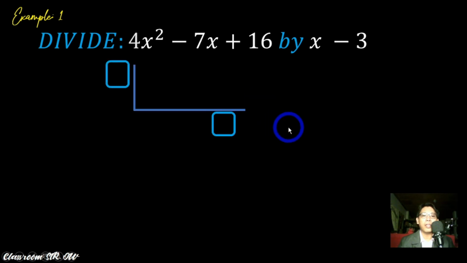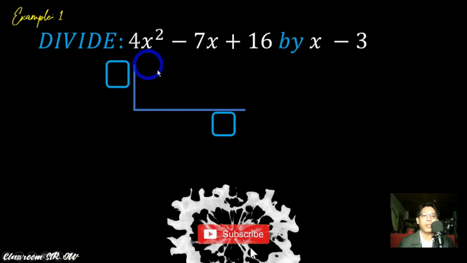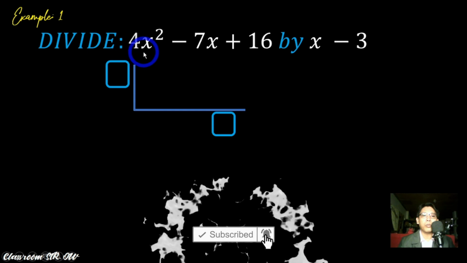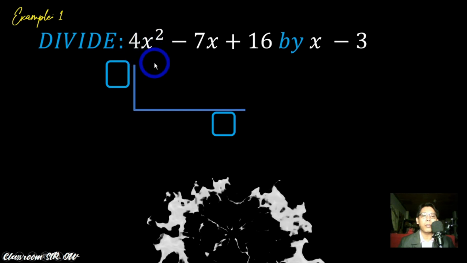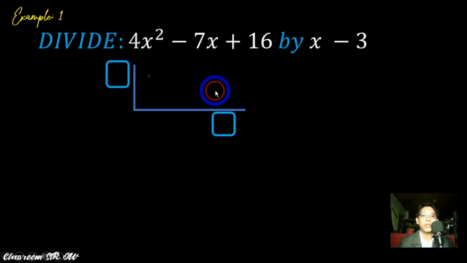So I will be showing to you the synthetic division method. What is good in synthetic division is we are only dealing with the numbers, not the variable itself. First, we will get the coefficient of the quadratic term, only the coefficient, which is 4. After that, we get the coefficient of our linear term, which is negative 7.